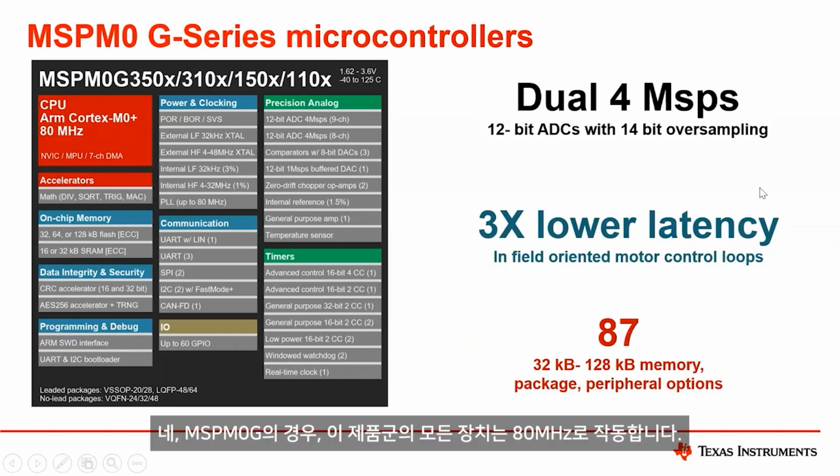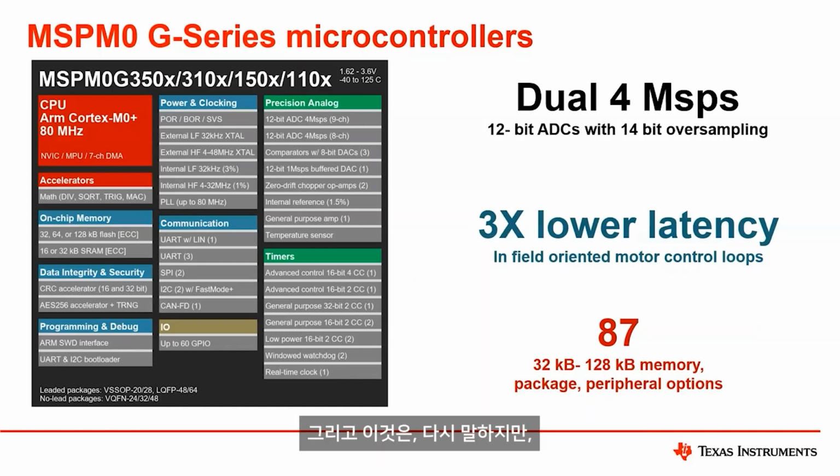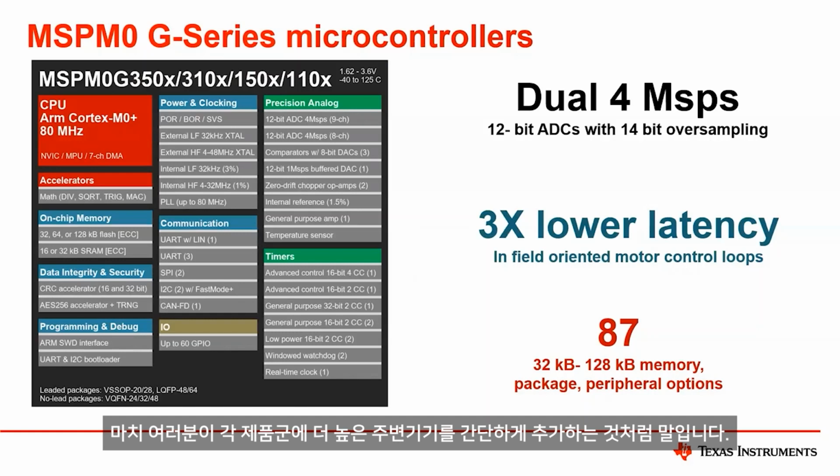For MSPM0G, all the devices in this family operate at a speed of 80 megahertz. We have four different families, where you're adding higher peripherals to each of the families, but again, making it simple.